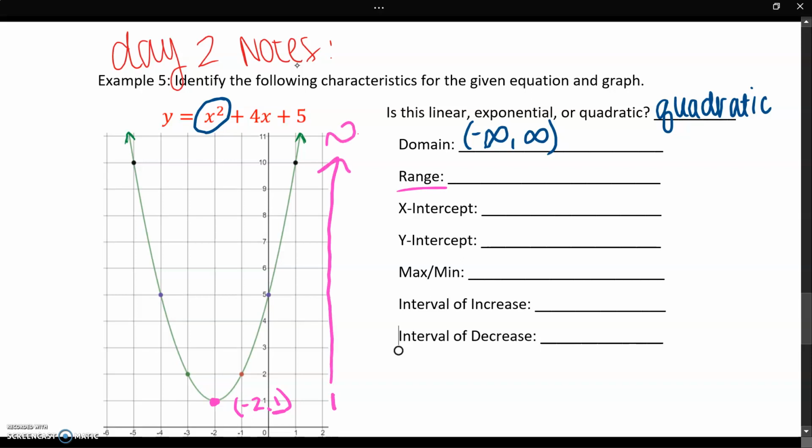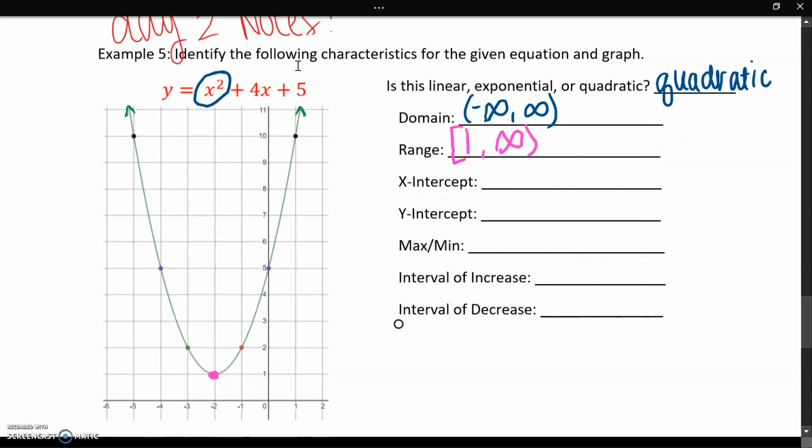Since my graph is open up, it's going to infinity. And I'm going to put a bracket on 1 because my graph is actually touching that point at the y value of 1. So that's why it's a bracket.